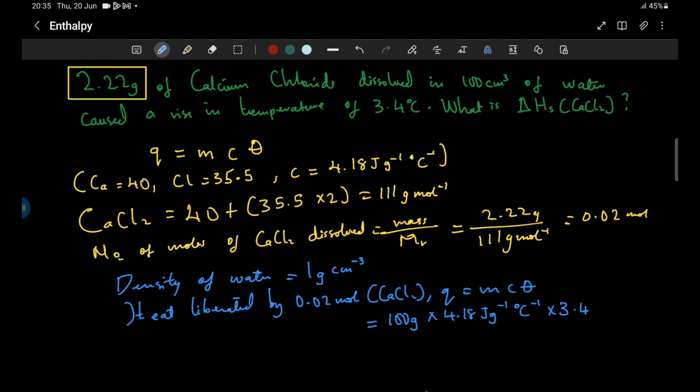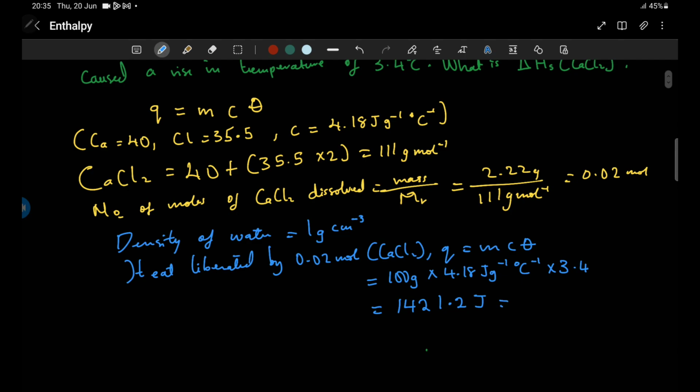So that will be 1,421.2 joules, and the equivalent is 1.4212 kJ. Now, that is the amount of heat liberated by 0.02 moles of calcium chloride.